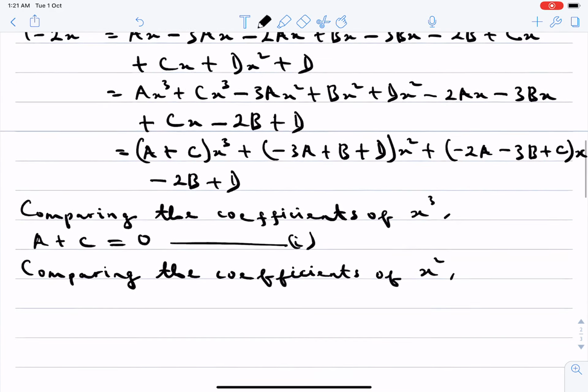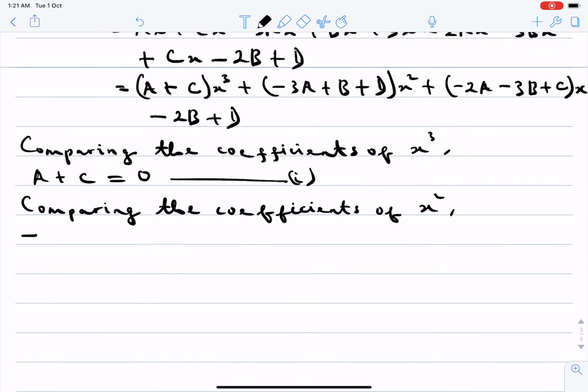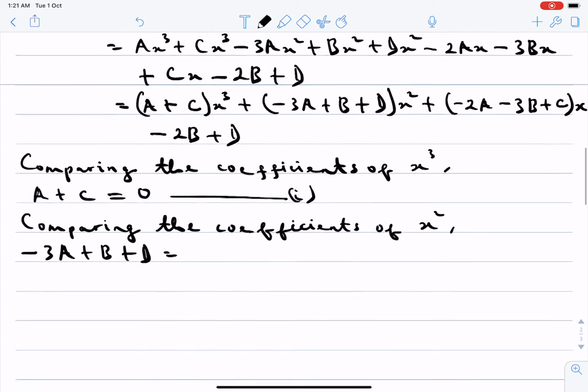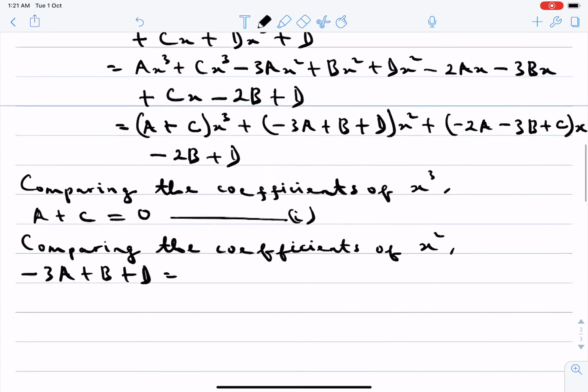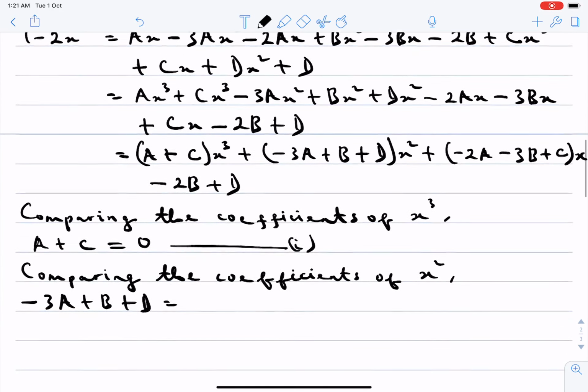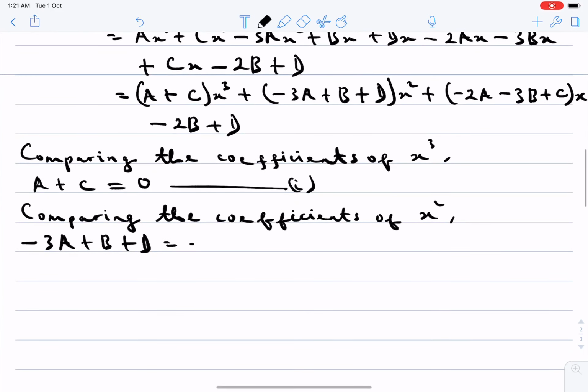The coefficient of x squared on the right hand side is minus 3a plus b plus d. And the coefficient of x squared on the left hand side is minus 2. That means minus 3a plus b plus d is equivalent to minus 2. That's our second equation.